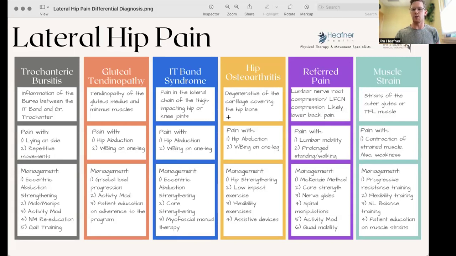And again, treat more of the impairments that they're presenting with, because whether it be bursitis, tendinopathy, a muscle strain, IT band syndrome, or the hip joint itself, we need to treat the local impairments versus treating the specific anatomy that's involved. So I know it was a quicker lecture today on the differential diagnosis of lateral hip pain, but I hoped from an anatomy standpoint and a management and pain standpoint that you learned a bit about each one of these categories.